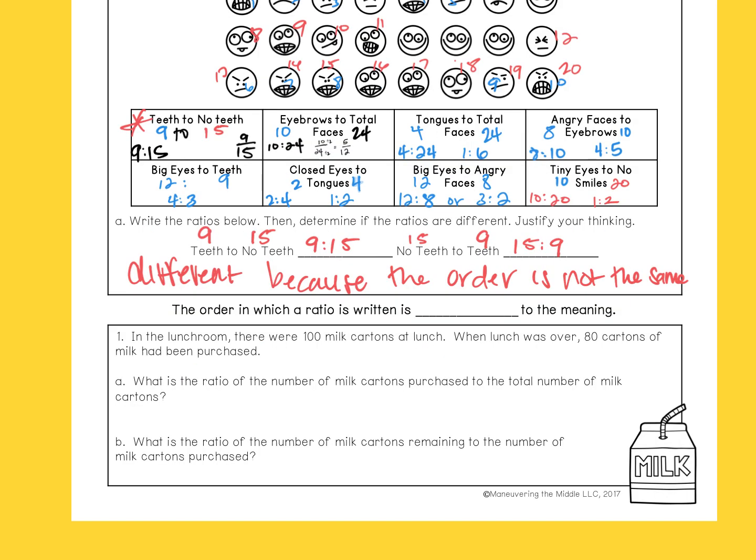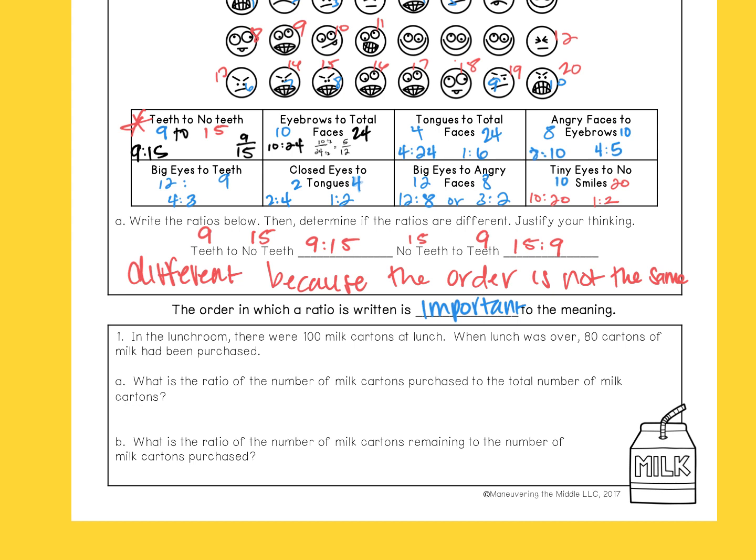So the order in which a ratio is written is important to the meaning. It's important because if you notice, we had 9 to 15 for teeth to no teeth, and when we ask for no teeth to teeth, it changes the meaning completely.